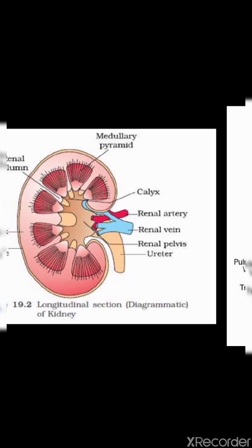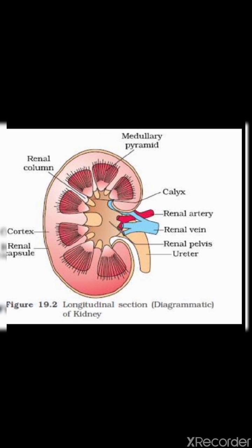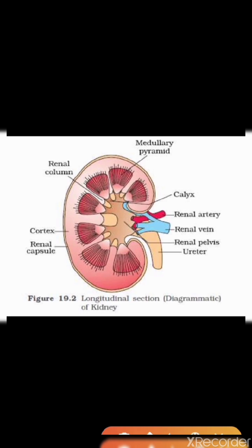So the outer region is known as the cortex, the inner region is the medulla, and this one is the medullary pyramid. This funnel shaped structure is the pelvis. Clear?